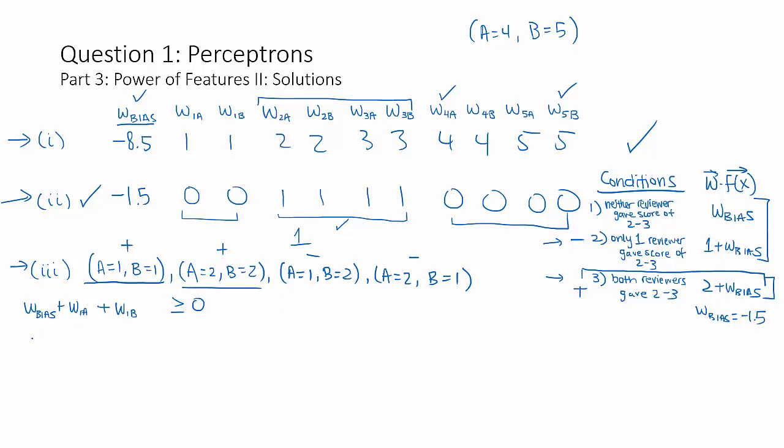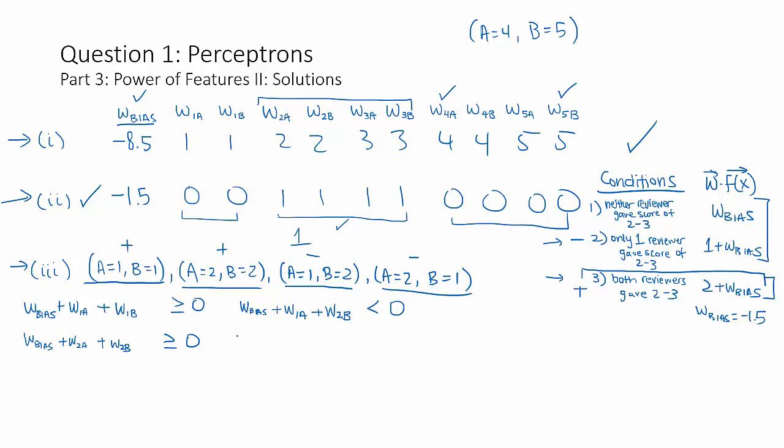Likewise, for this point, we have that the bias weight plus the weight subscript 2a plus the weight subscript 2b has to be greater than or equal to 0 as well. Over here, this is a negative example, so we want the dot product less than 0. And similarly, we have the bias weight plus the weight subscript 1a plus the weight subscript 2b.